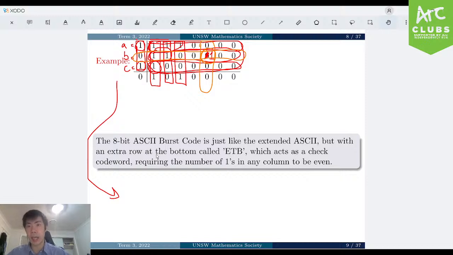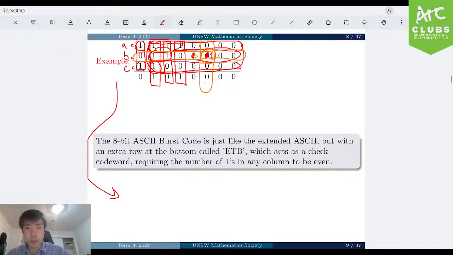But the caveat here is that we can't always correct it. For example, let's say this changed to a 1 as well. Oops, I should use red. Be consistent. Let me change back to red. Suppose that this also changed to a 1.